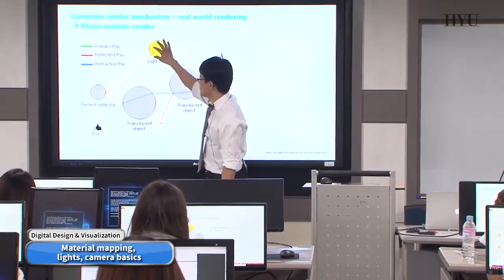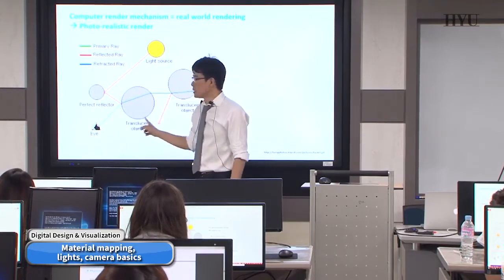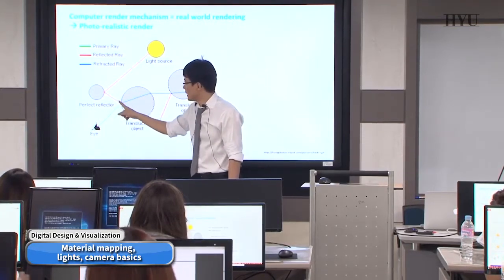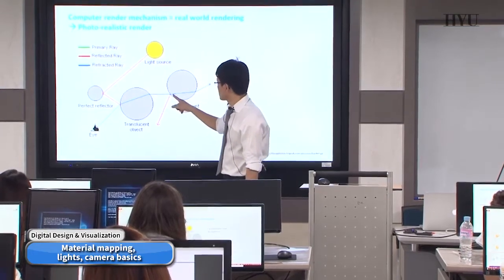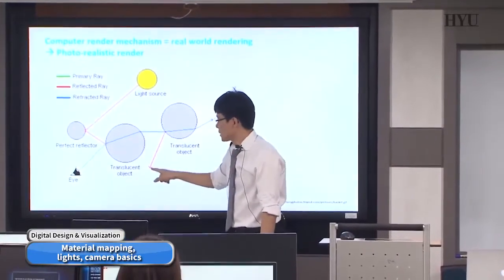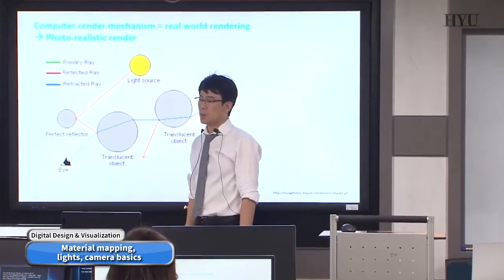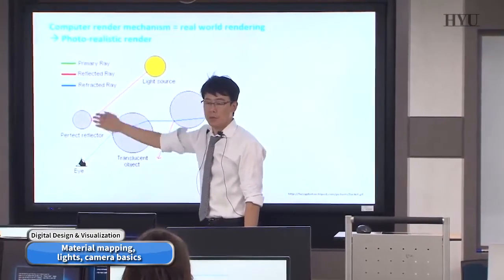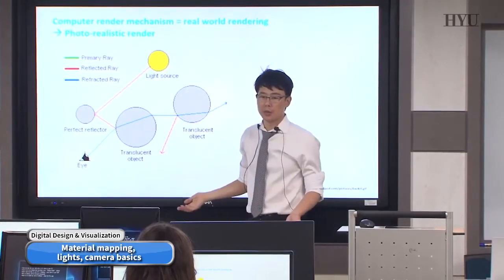Originally from this light source, but this one is another light source. What if this is glass? The light is going to be refracted, okay? Another refraction and another light ray. Reflection light ray, okay? So one single light source, millions of rays, and millions of interactions between objects.